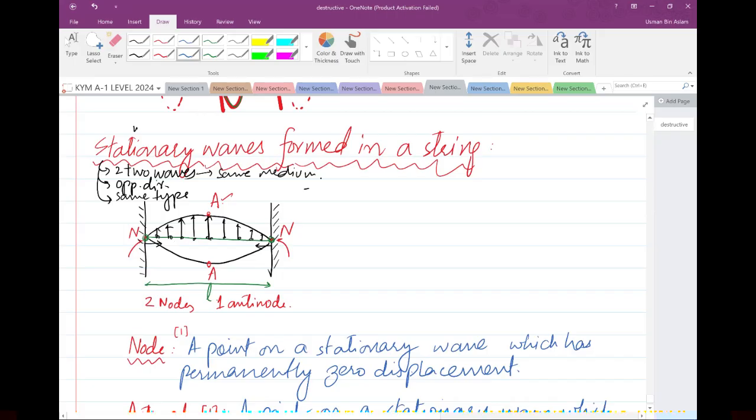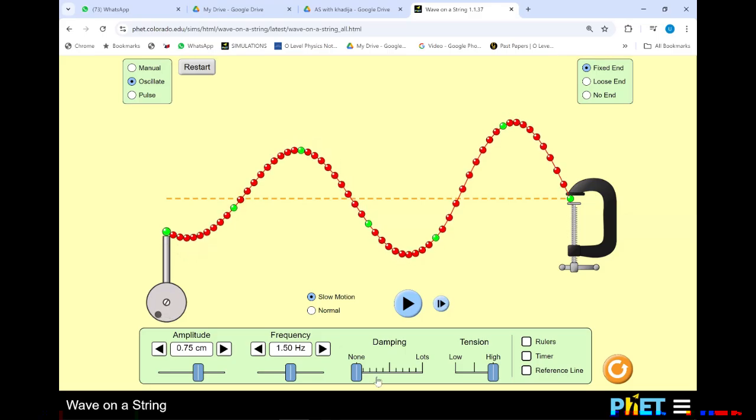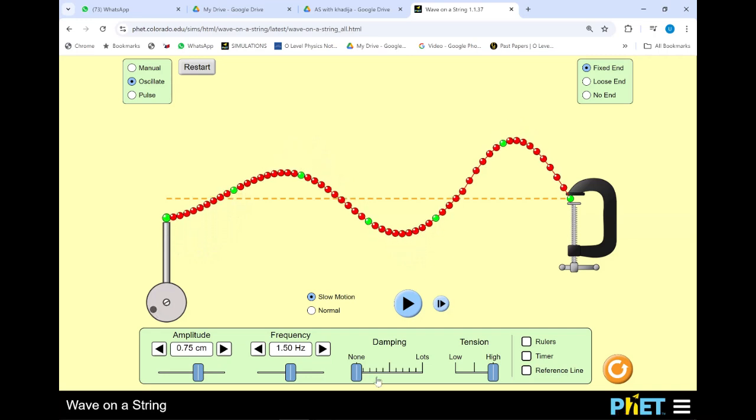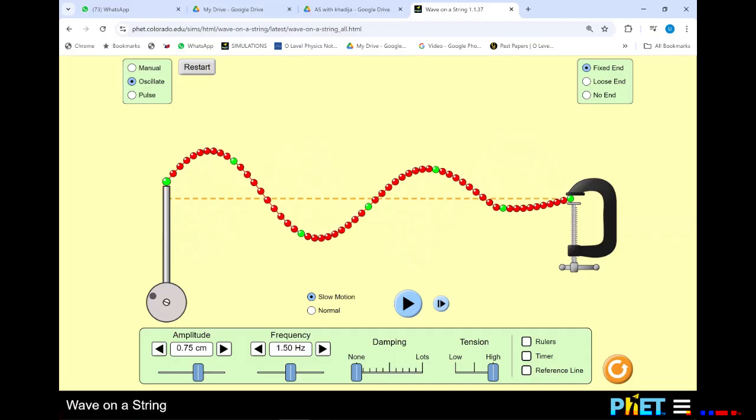Right now, you can see that one complete crest, or after some time one complete trough, will be formed. Both of them don't form at the same time. You can see in the simulation where there was a crest, after some time at that position there's going to be a trough, and where there was a trough, after some time there's going to be a crest forming at that position.